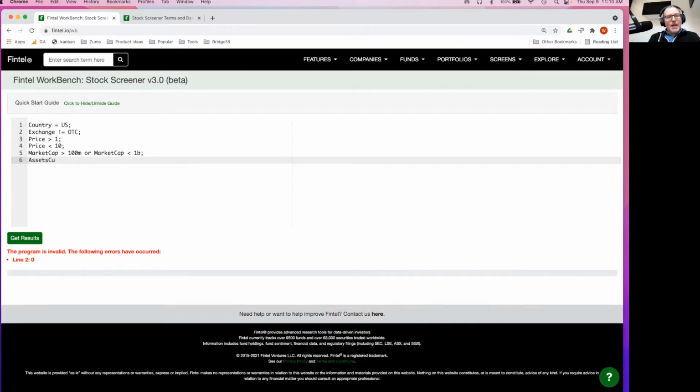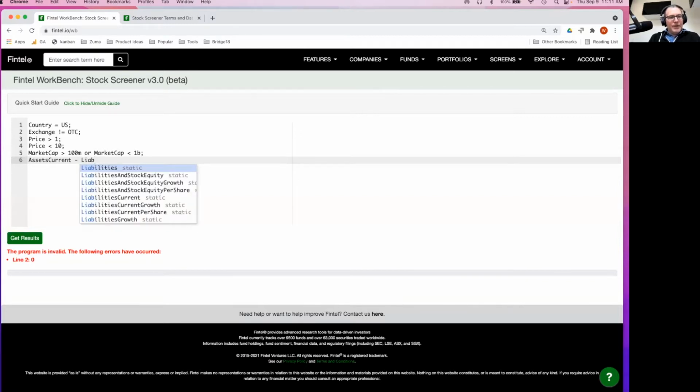If you cannot remember all of these terms, Control Space on a Mac will give you autocomplete. Assets current minus liabilities is greater than the market cap times 0.66.